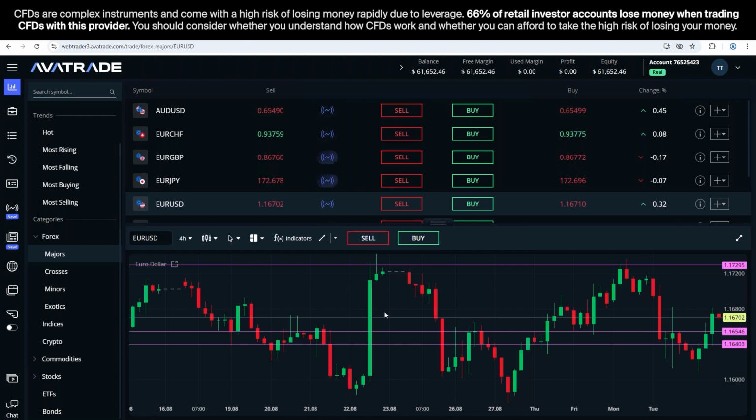So not the easiest market to trade right now, but we're going to take a look and do our best to find some opportunities from a technical perspective, understanding that the fundamentals are driving quite a bit of choppiness on the charts.